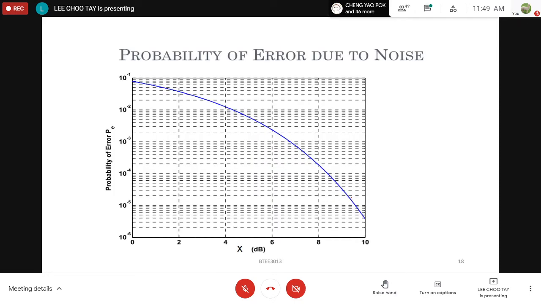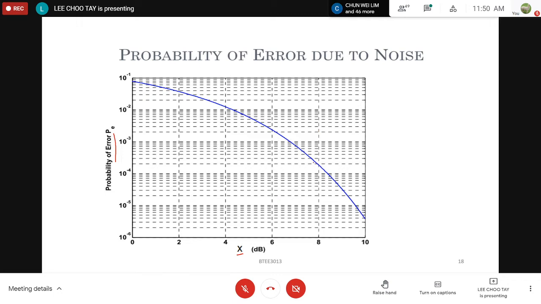So now if you were to plot the Q function curve with respect to X, you're going to get a curve that looks like this, decreasing exponentially. This is expected, right? Because the Q function basically is a form of exponential function anyway.